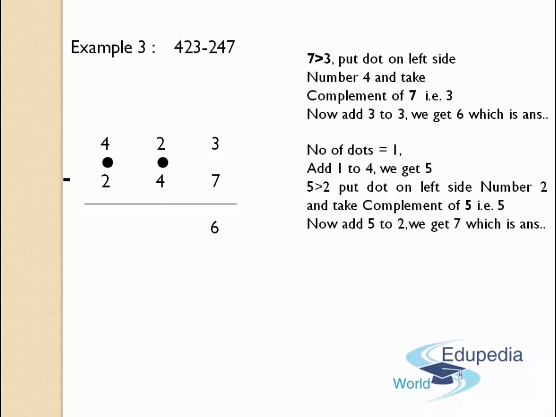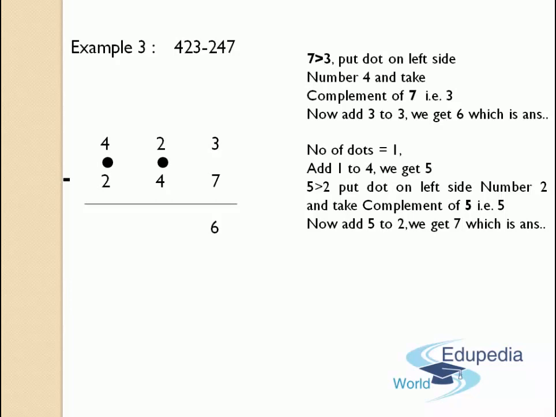Remember that in your mind, never forget that. Now you take the complement of 5. The complement of 5 is 5, because the number that should be added to 5 to get 10 is only 5. So here the complement of 5 is 5.